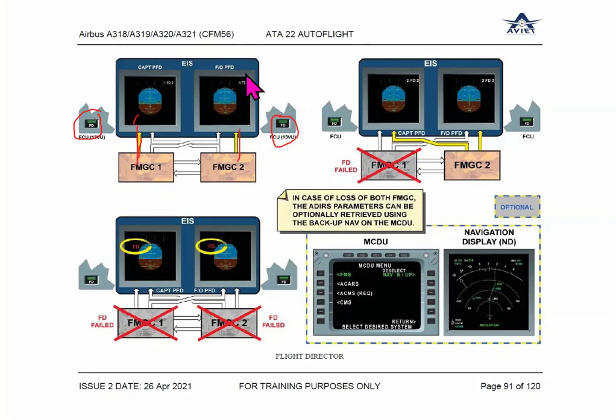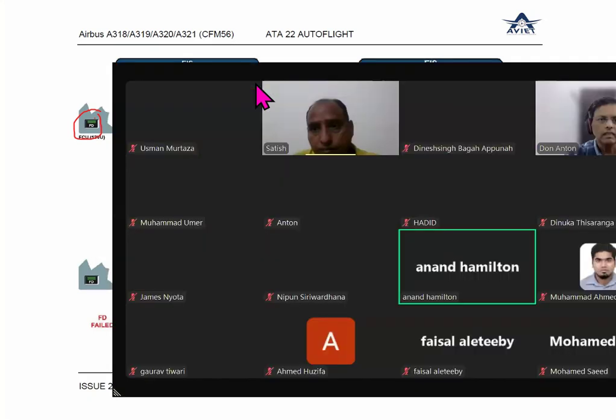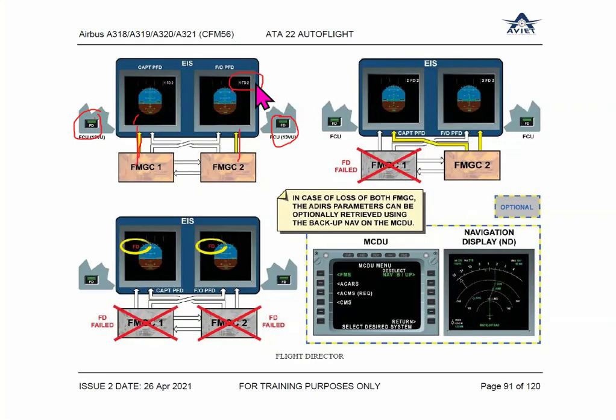And what message do you get here? 1 FD 2. It means both FMGCs are working. Number one FMGC is supplying the information on PFD1, number two on PFD2, respective sides.